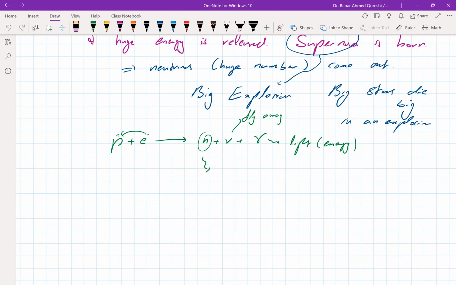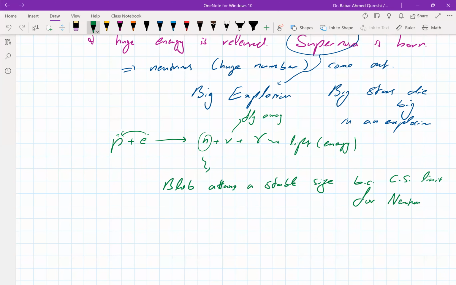The blob attains a stable size because the Chandrasekhar limit for the neutron blob is bigger. So it doesn't have to collapse, it just stays together at a stable size because of its own degeneracy pressure.